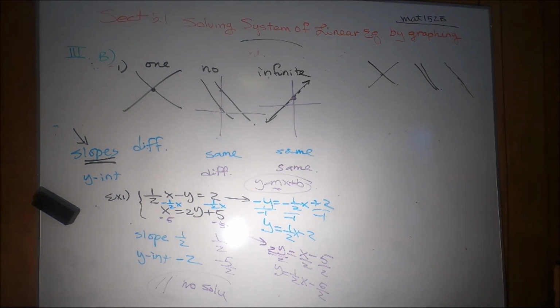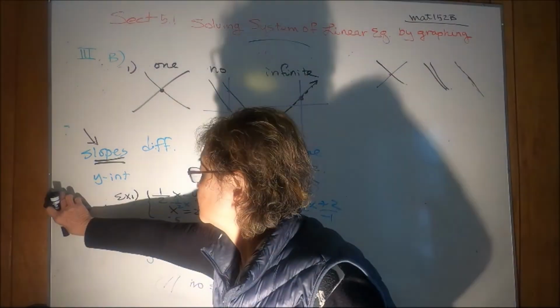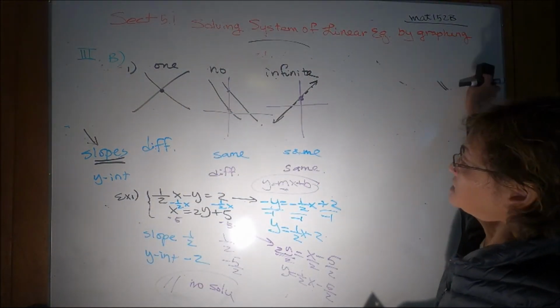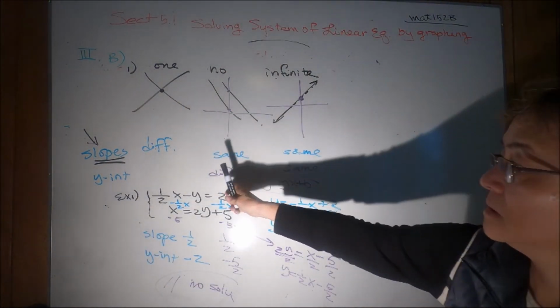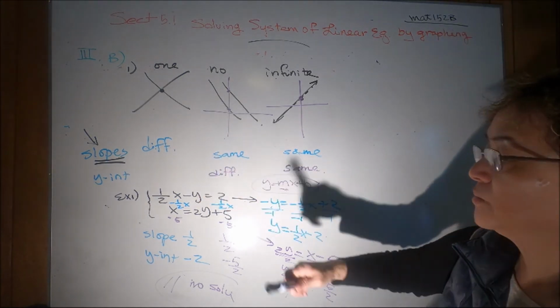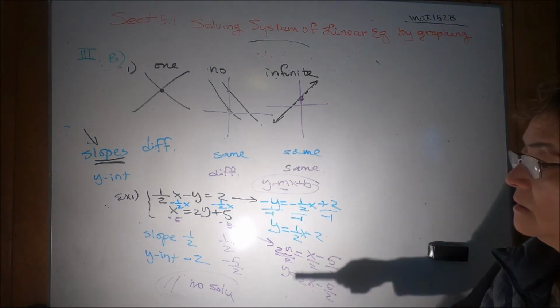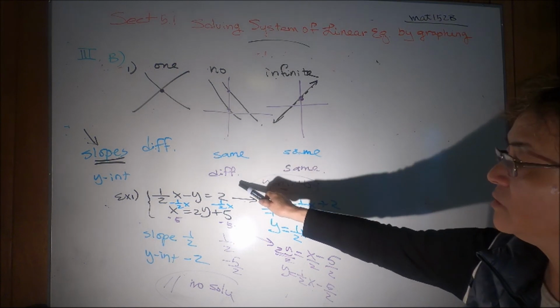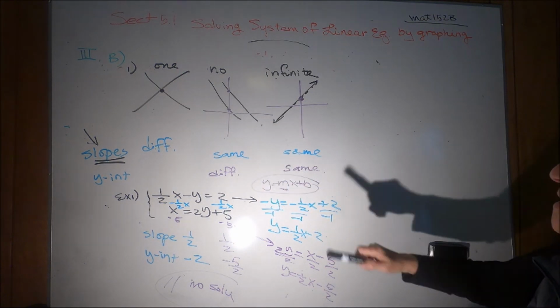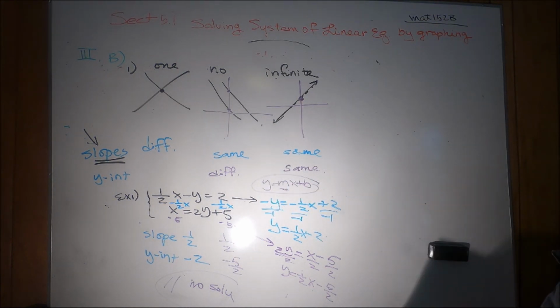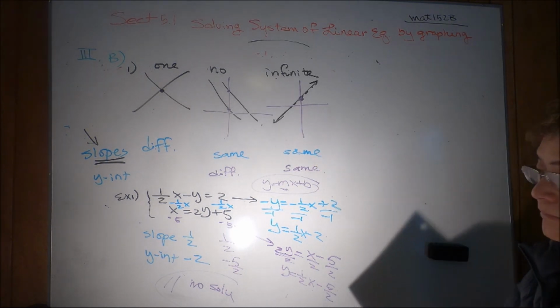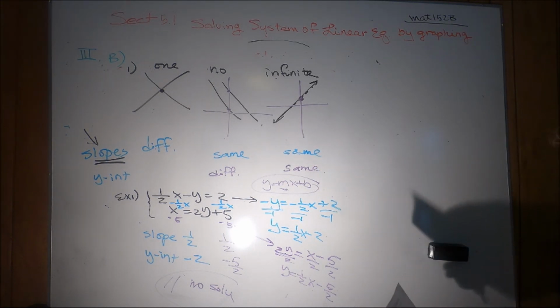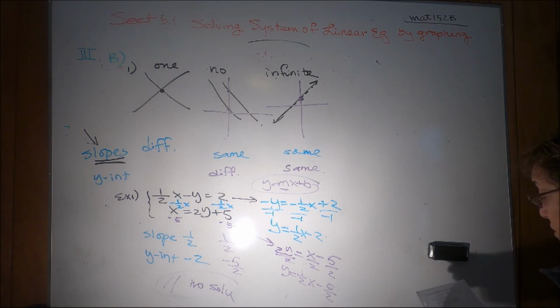So how do we make a decision? First, we use the slope. See if they are the same or not. If they are the same, then we look at the y-intercepts to decide whether it is no solution for the system or infinite solutions. Right? So what do?